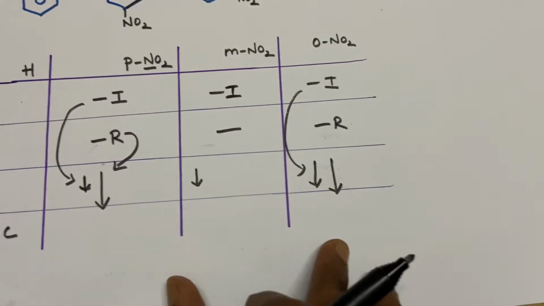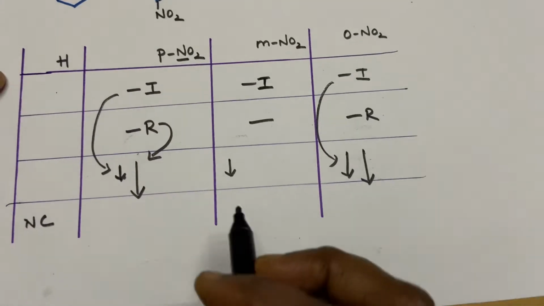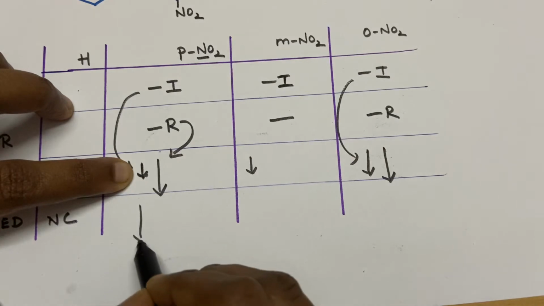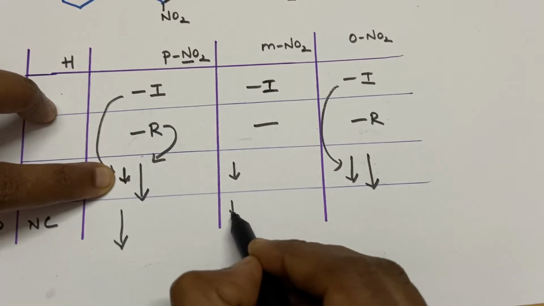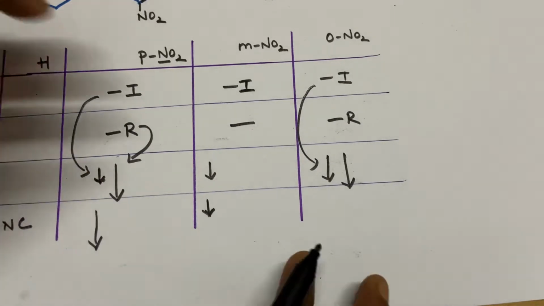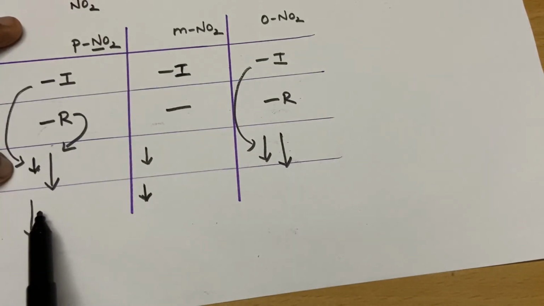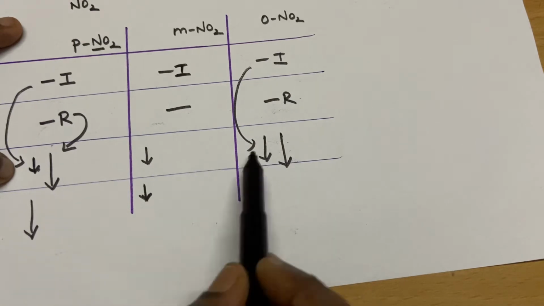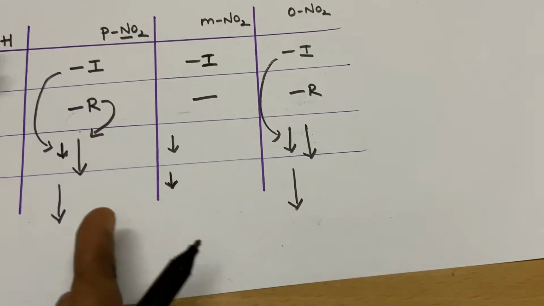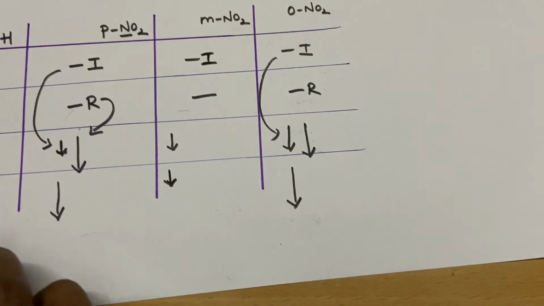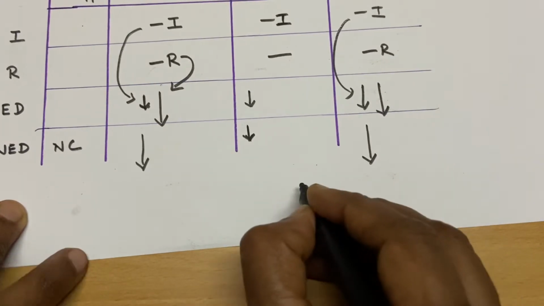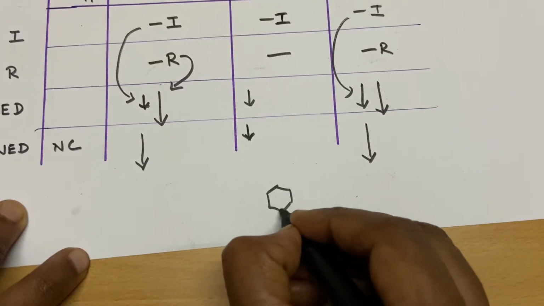Now I am going to write the net electron density. Here same direction, so it is going to reinforce. It must be slightly bigger than this, because this arrow is slightly bigger. Based on this, the electron density is going to decrease. The least will be phenol, because there is no change.